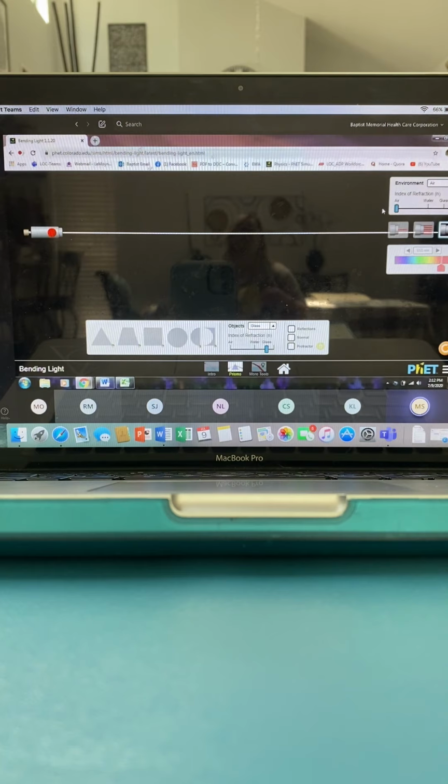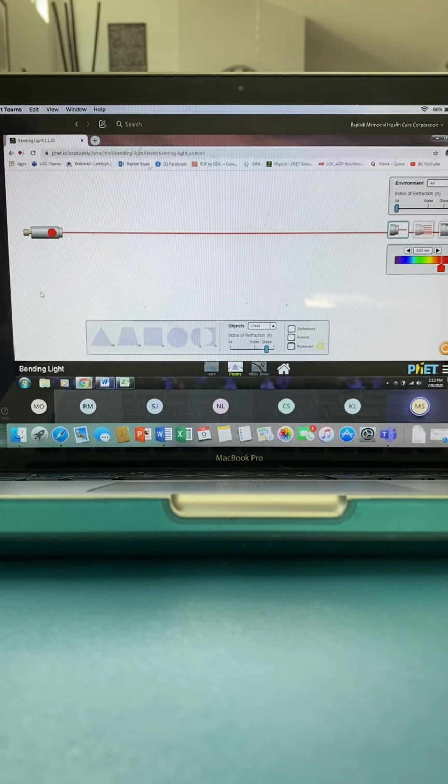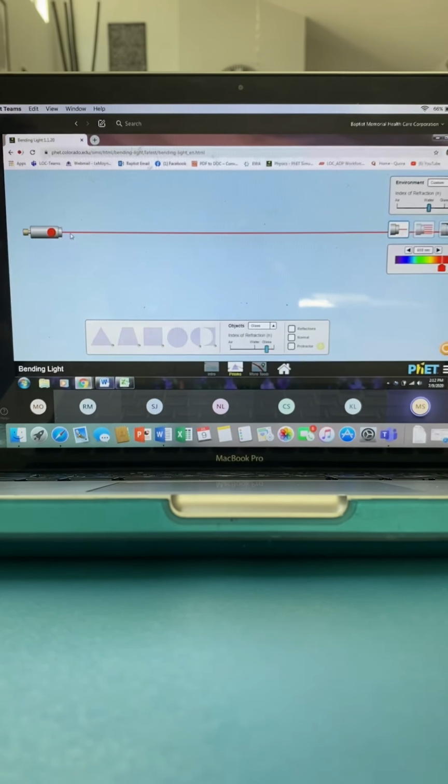Right, so when light is passing through, this laser is passing through air, right? So this is the air medium. Now, if you change the air medium to water medium, then what will happen? Look at this, just change it. This is the water medium. So water medium is still the same thing.